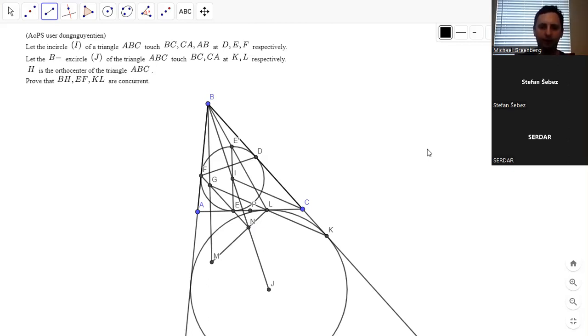Maybe we can use the radical axis theorem somehow.